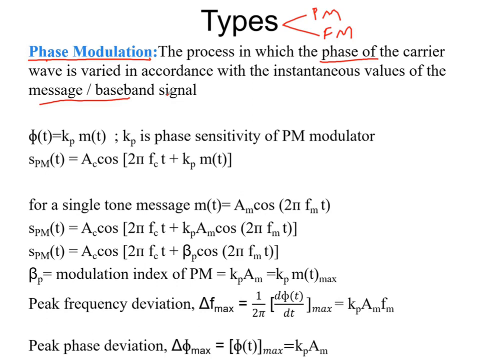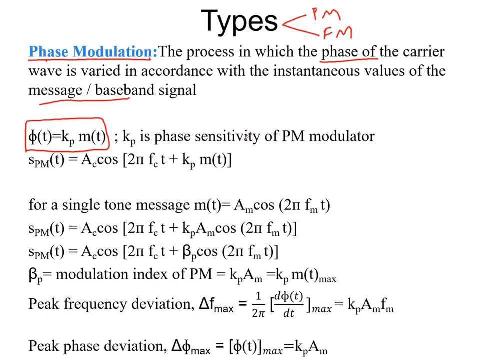Now how can this be mathematically expressed? Your phi t is kp times m of t, where m of t is your message signal, phi t is your phase, and kp is a certain constant. This kp is called the phase sensitivity.